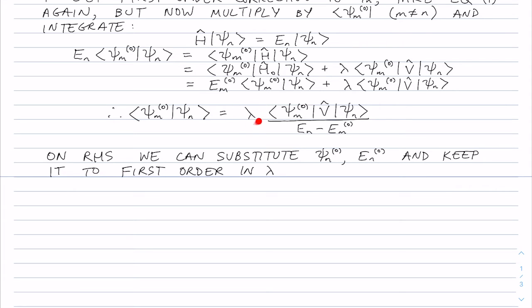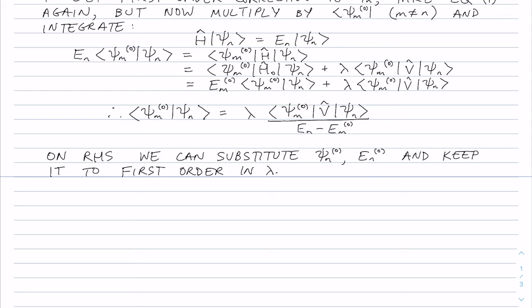So to keep this right hand side to first order in lambda, there can be no lambdas inside here. And so we just need to take the lowest order, the 0th order for those.